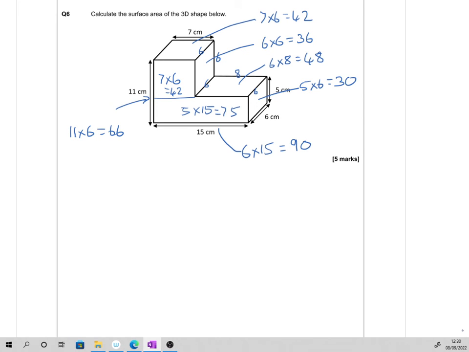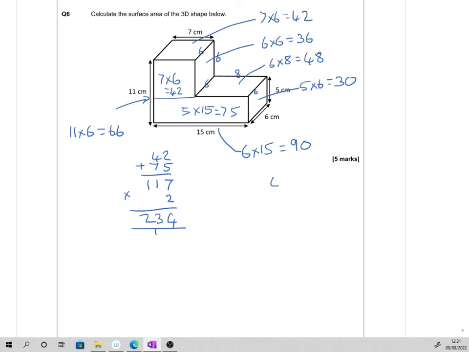Right, so the front is 42 plus 75, which is 117. Now the front and the back is exactly the same, so we need to multiply that number by 2, which gives us 234. So there's the front and the back. There's the left hand side, the right hand side. So we need to now add all these numbers up together.